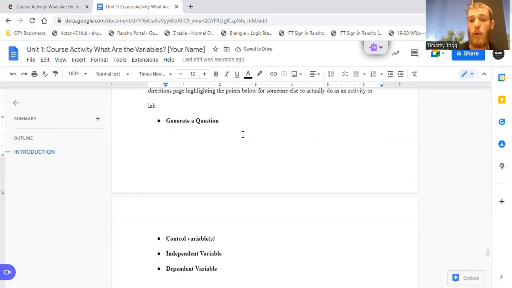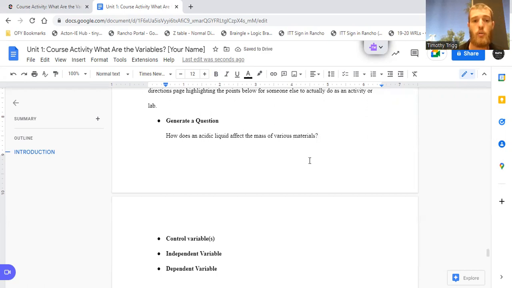The question we want to generate is, how does an acidic liquid affect the mass of various materials? Okay, so that's the question, right? I want to put a question mark there.